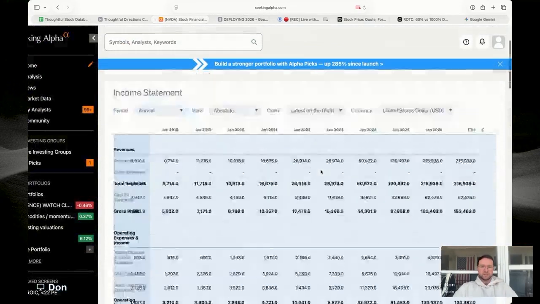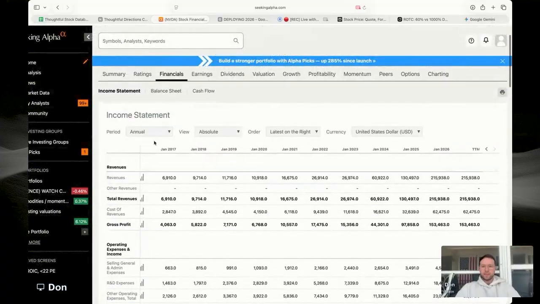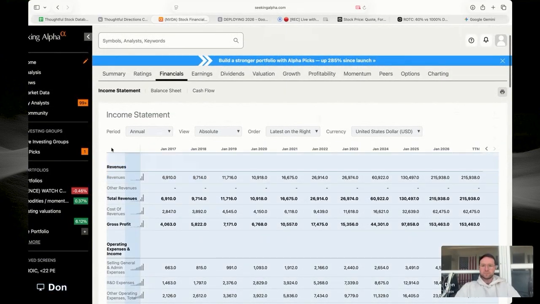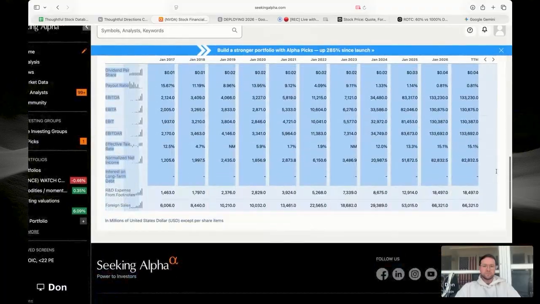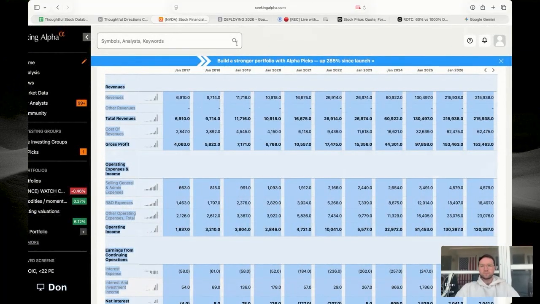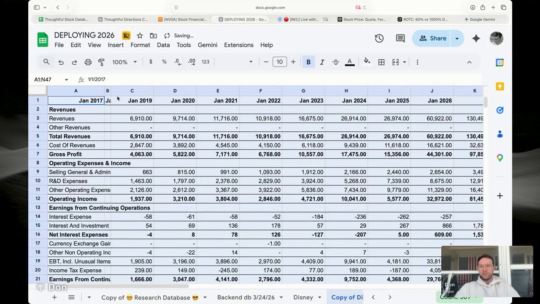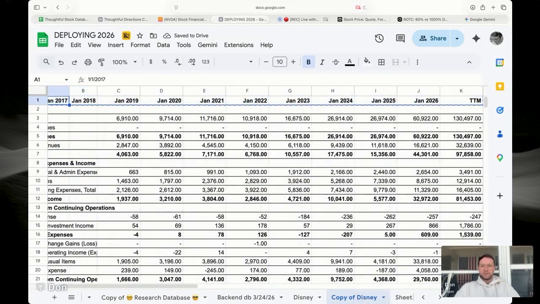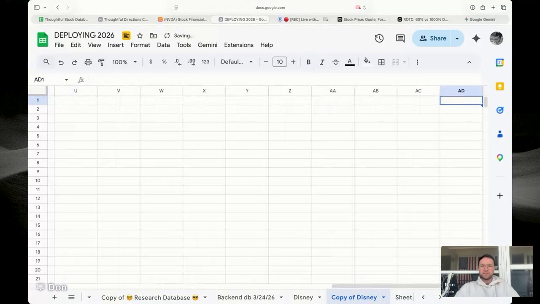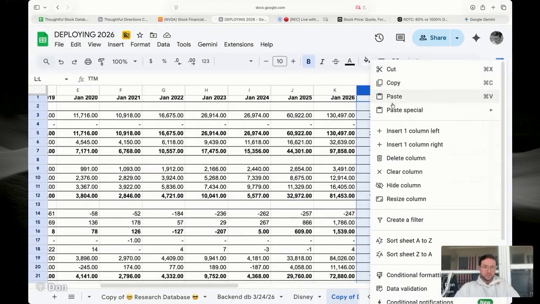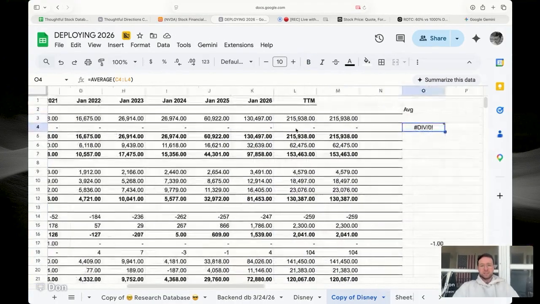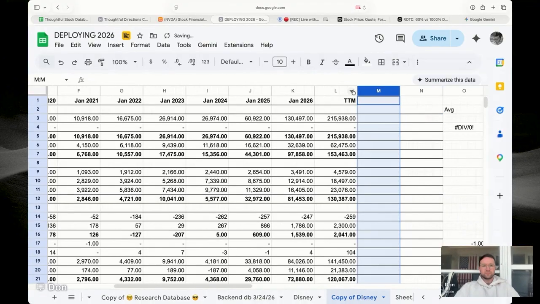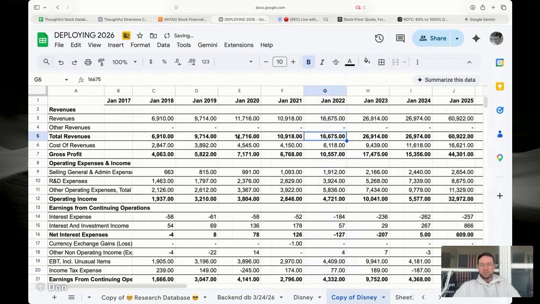Okay. Well, let's try it this way. And then these are always misaligned. All right. So I'll put all this into a sheet and then I'll just play around with it.